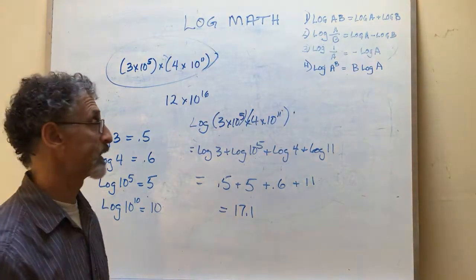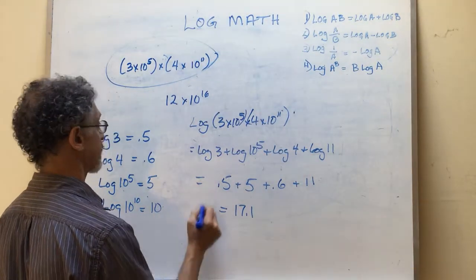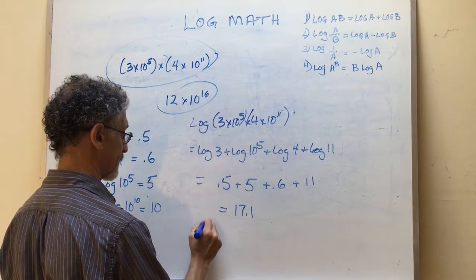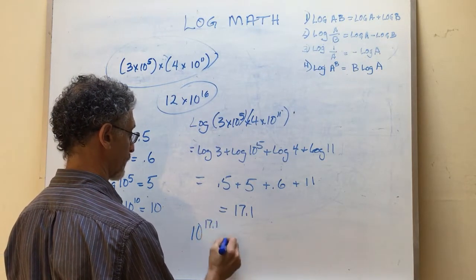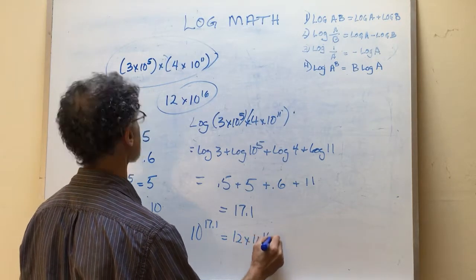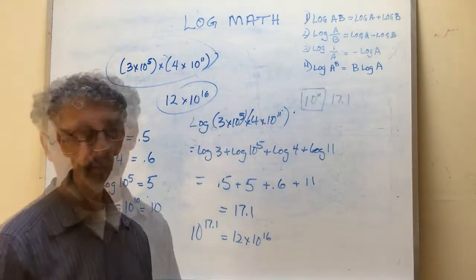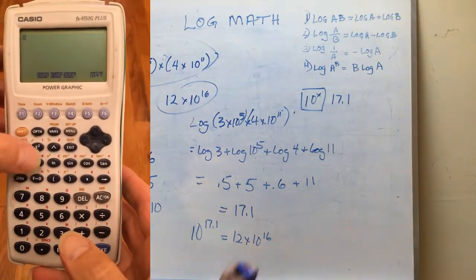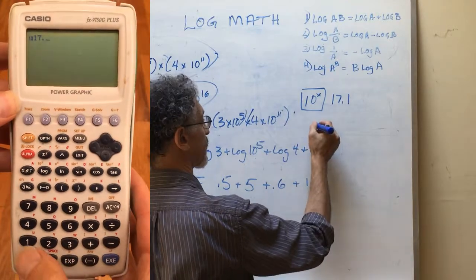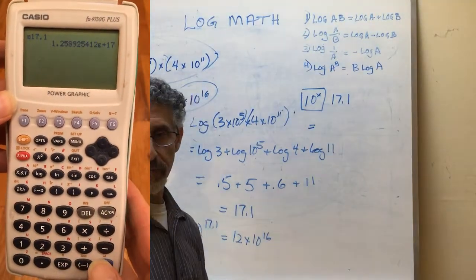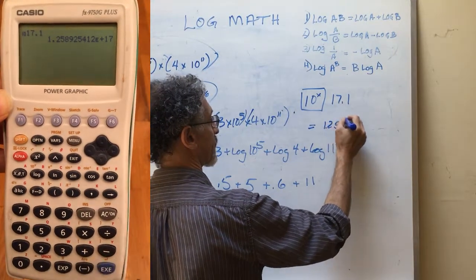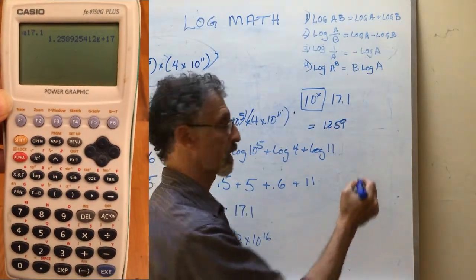So that's the log. What does this mean? Here's your number. This means that 10 to the 17.1 would equal 12 times 10 to the 16th. So if you plug that into your calculator, use the 10 to the x key times 17.1, and you're going to find that that answer is 1.259 e plus 17.